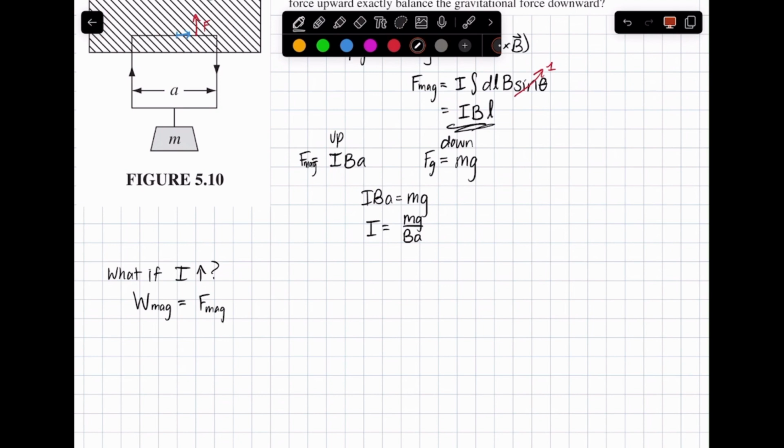Let's say that the mass moves some length h. So we'll have this evaluation where the work is done by the magnetic field. Well, this is preposterous. This is not true. We know that all magnetic forces don't do work.